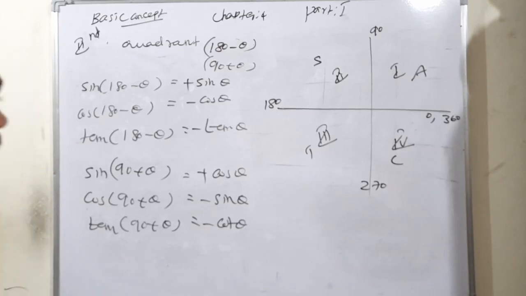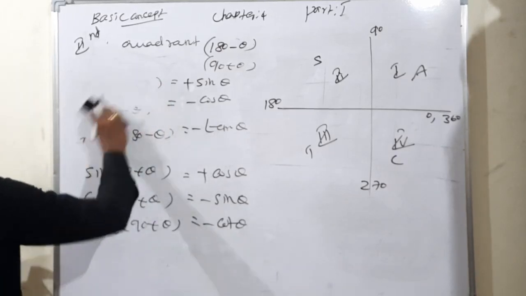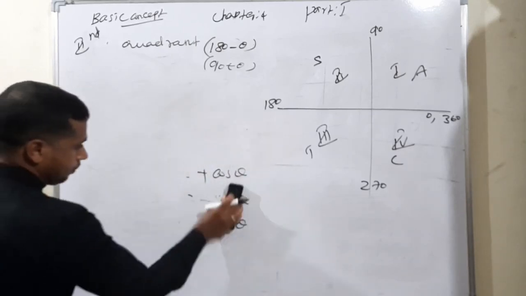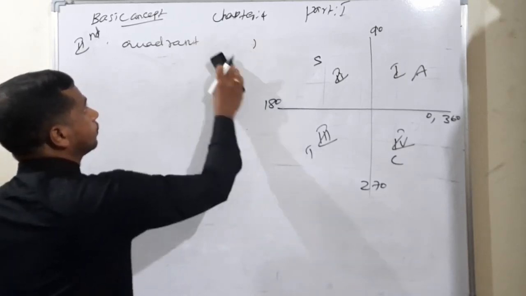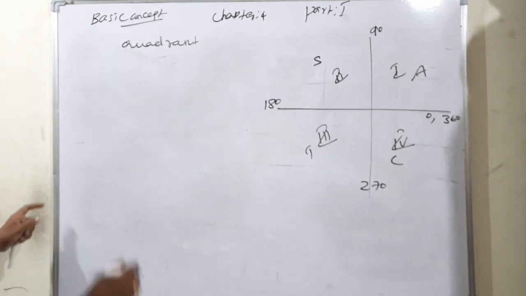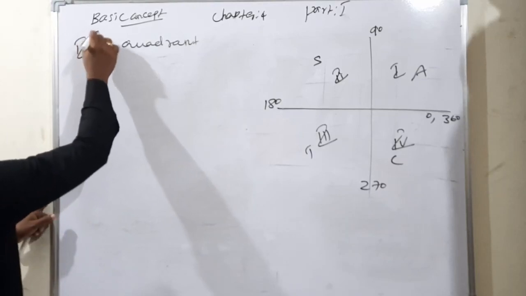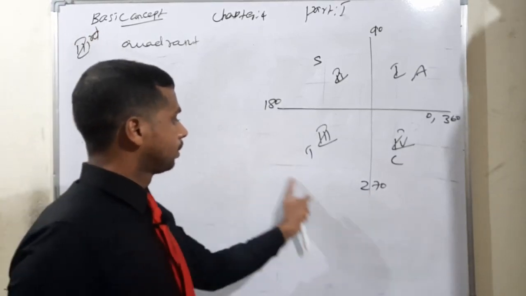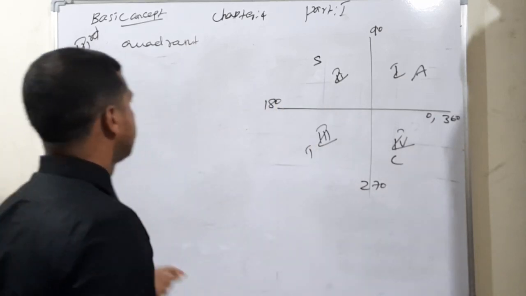Moving to the third one. So third quadrant means clockwise is 270 minus theta, isn't it?